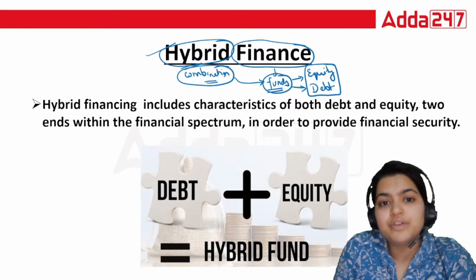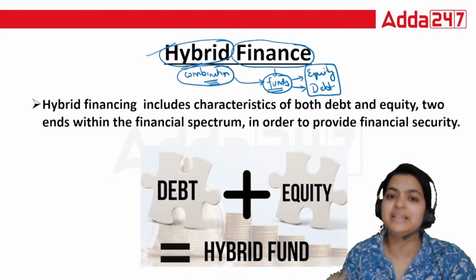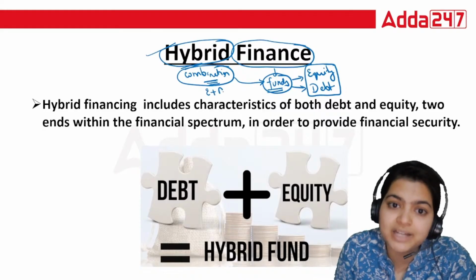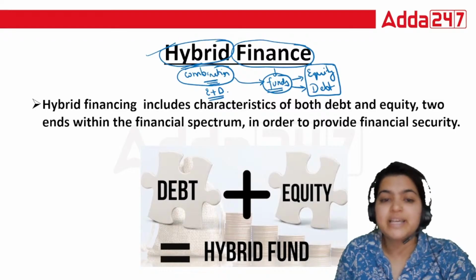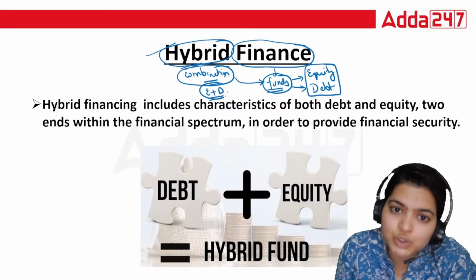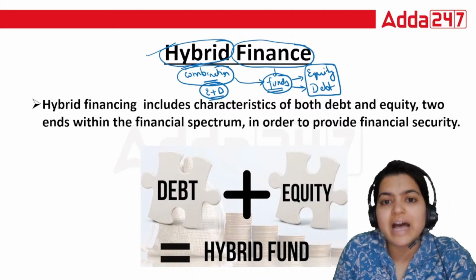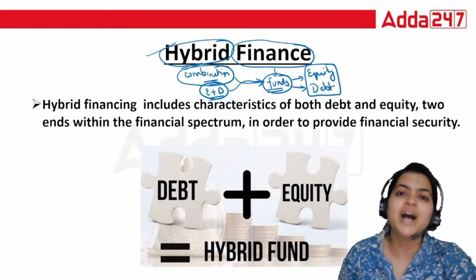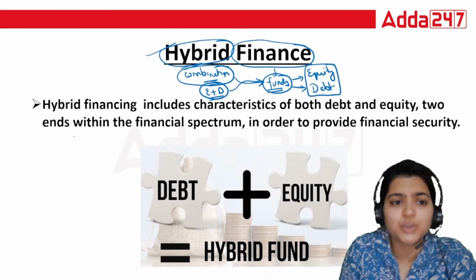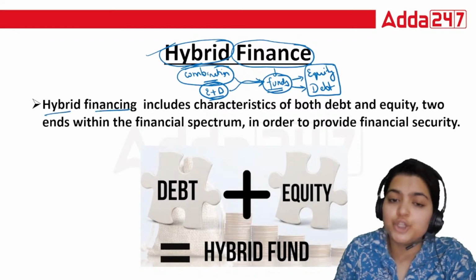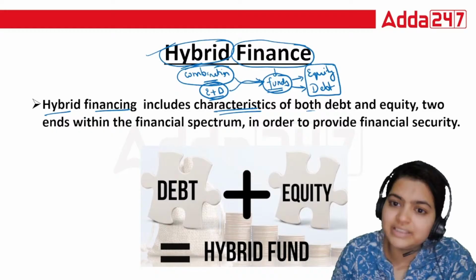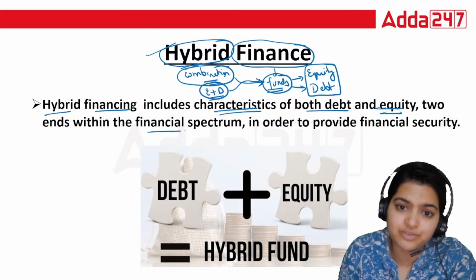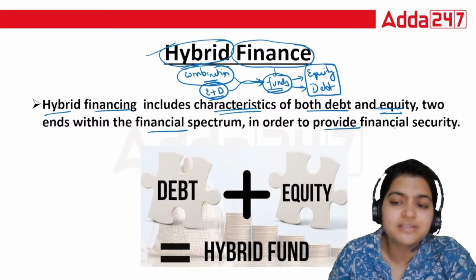Hybrid means we want a combination of more than one thing. What more than one thing? That is going to be equity plus debt. Means now we are going to combine these two factors and through that we will be generating these funds. That is going to be your hybrid funds. So hybrid financing includes characteristics of both debt and equity, two ends within the financial spectrum, in order to provide financial security.